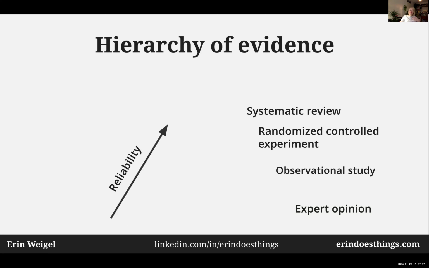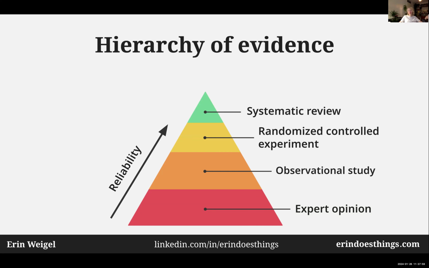And finally, at the top of the hierarchy of evidence, you have a systematic review or meta-analyses, which takes a look at all of the experiment data, as well as observational studies, expert opinion, and all the statistical analyses, and looks at it and comes with an overarching viewpoint of like, what have we learned from this?